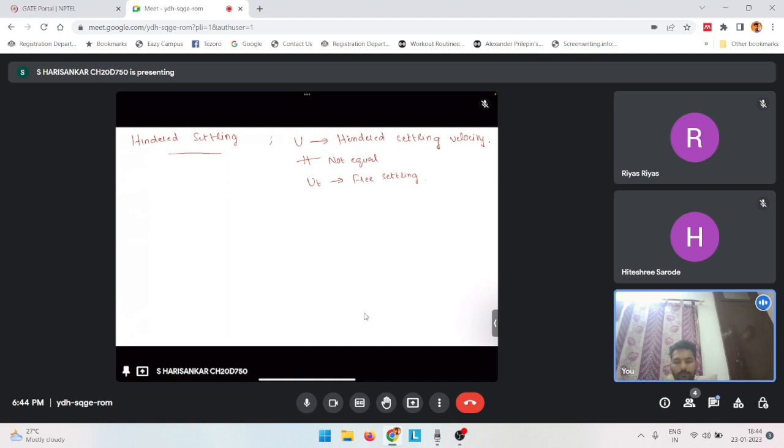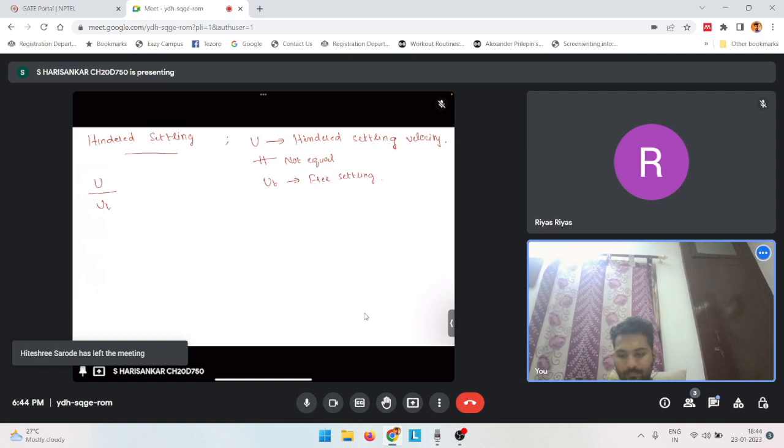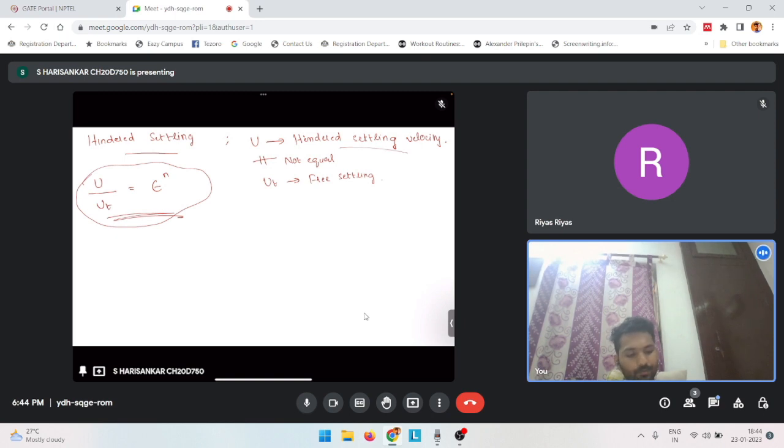We have an equation for hindered settling velocity as u by ut is equal to epsilon raised to n. Here u is the hindered settling velocity, ut is the free settling velocity or terminal settling velocity, and epsilon is the void fraction or porosity.